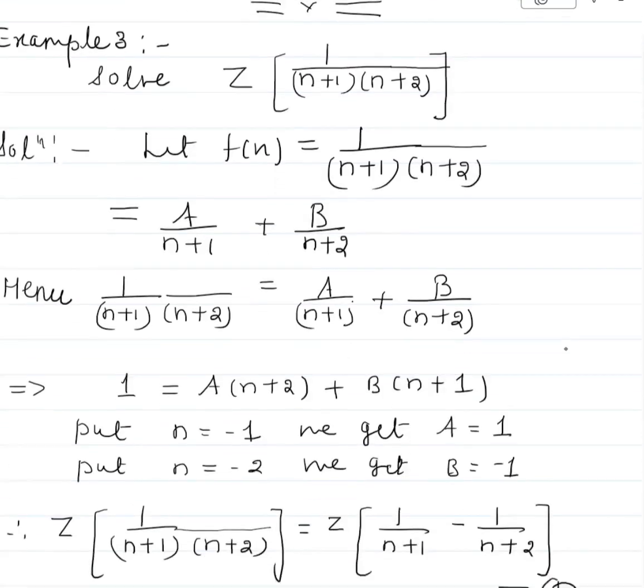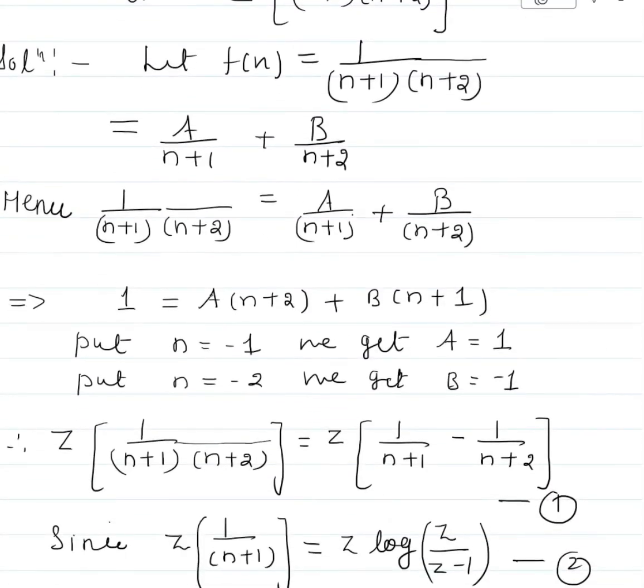Now after solving by the partial fraction, how can we solve? We'll take the LCM: a into n plus 2 plus b into n plus 1 equals 1. Denominator is cancelling in both. So if we put n equals minus 1, you will get the value of a.